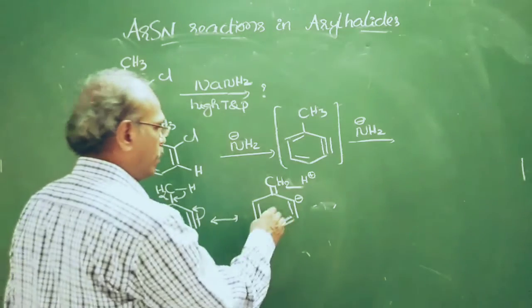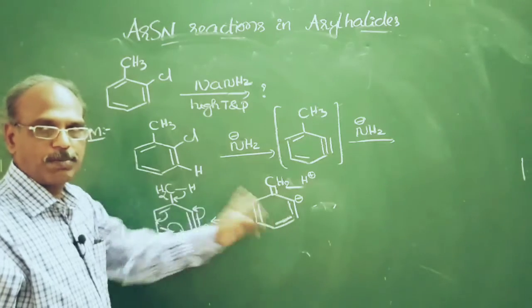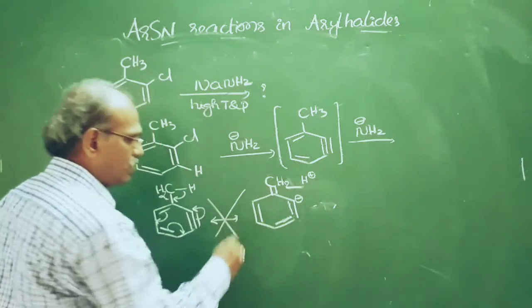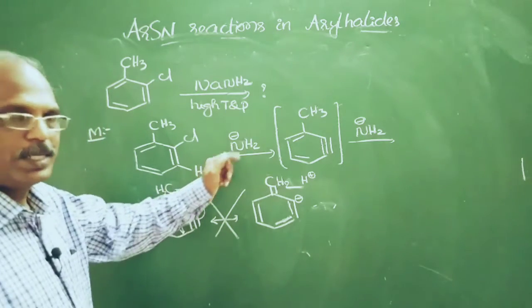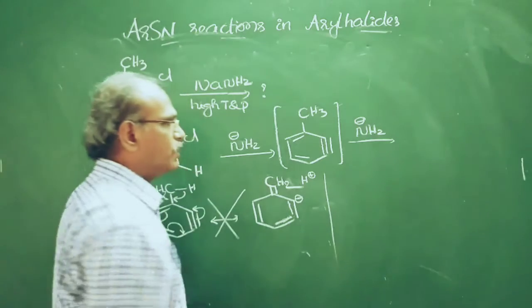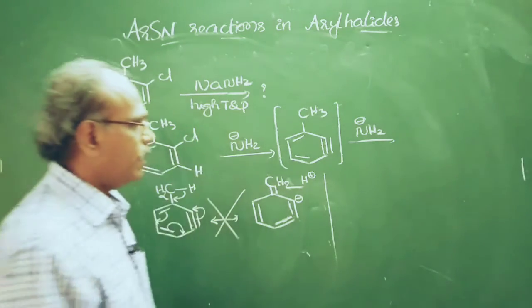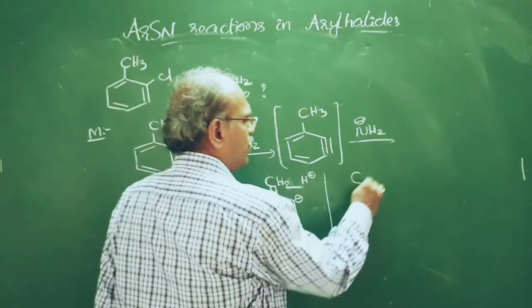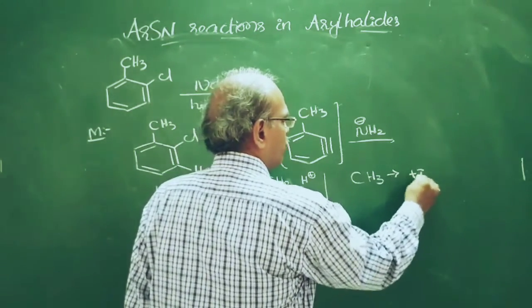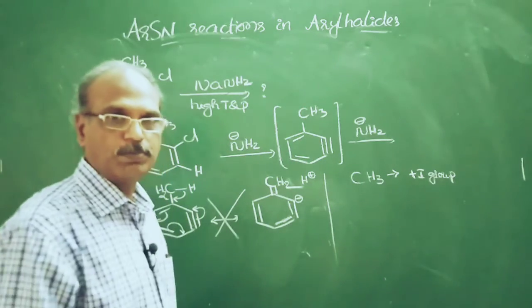So that's why resonance destabilizes the intermediate. So this is not considered in the case of benzyne. Now what is to be considered? See, another factor which is useful here is the inductive effect. We know that methyl is a plus I group. Methyl is a plus I group. Okay.